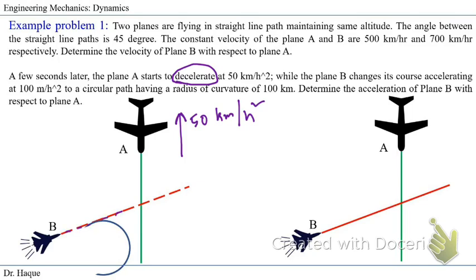That was the previous course of plane B. Now it's changing its course to a circular path after a while, in this direction, and it has an acceleration of 100 kilometers per hour squared, and the radius of curvature of this path is 100 kilometers.